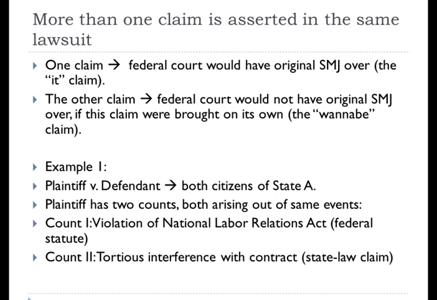So this is the it claim. There is original subject matter jurisdiction over count one under federal question jurisdiction. Count two is a state law claim for tortious interference with contract. This is the wannabe claim. As a state law claim, and with these parties being citizens of the same state, this could not be brought in federal district court on its own.